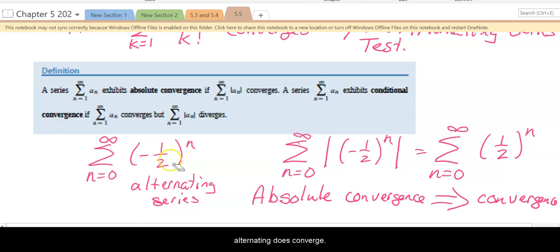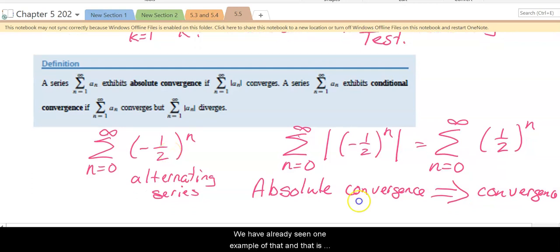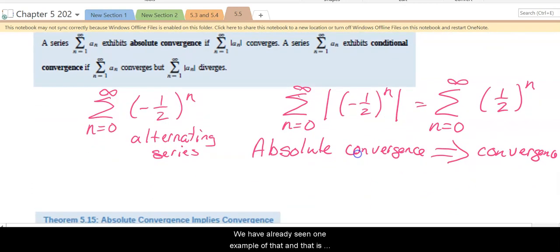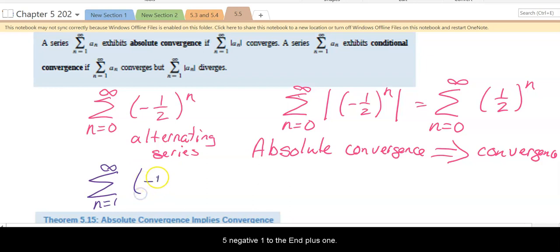series does converge. We have already seen one example of that, and that is the alternating harmonic series. In the alternating harmonic series, the series n equal 1 to infinity of (-1)^(n+1) times 1 over n, we know that this converges.